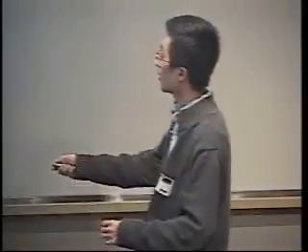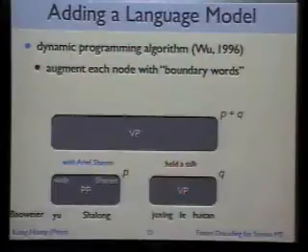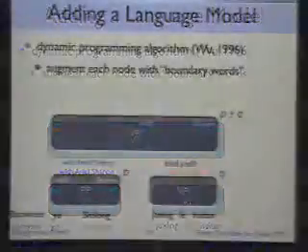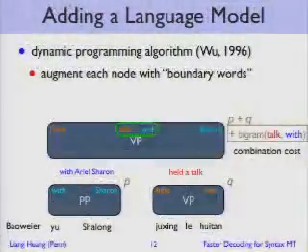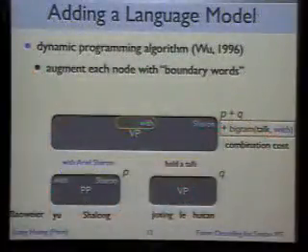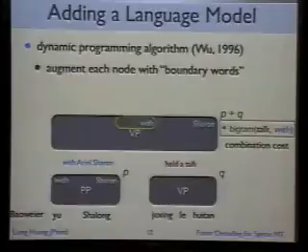And then when you combine this PP with this VP, you do the reordering so that it becomes held talk with Sharon. And then the boundary words become contiguous, and then you score the bigram probabilities or bigram score. So it's not only the cost of this plus the score of this, but also plus the bigram cost of talk with, right?